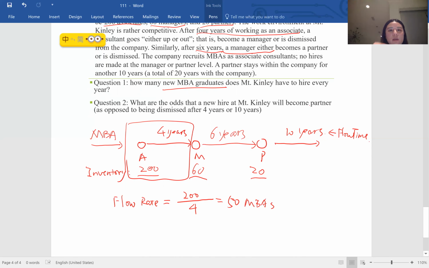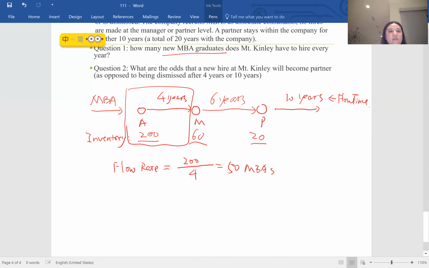Since we are going to calculate the ratio that the new hire at the company becomes a partner, we need to know the ratio of a new hire from associate to manager, and the ratio of a manager becoming a partner. So first, let's look at the ratio of associate becoming a manager.